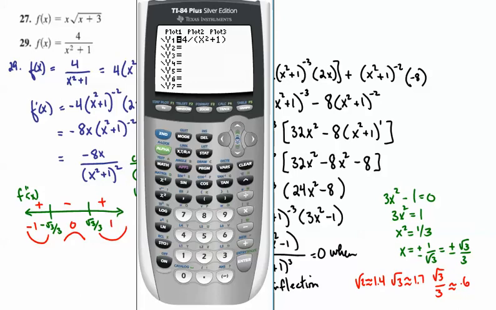So we'll put in our function 4 divided by x squared plus 1. Remember to put the denominator in parentheses. We choose a window negative 5 to 5 for x and y, and we get a graph that looks like a bell curve.